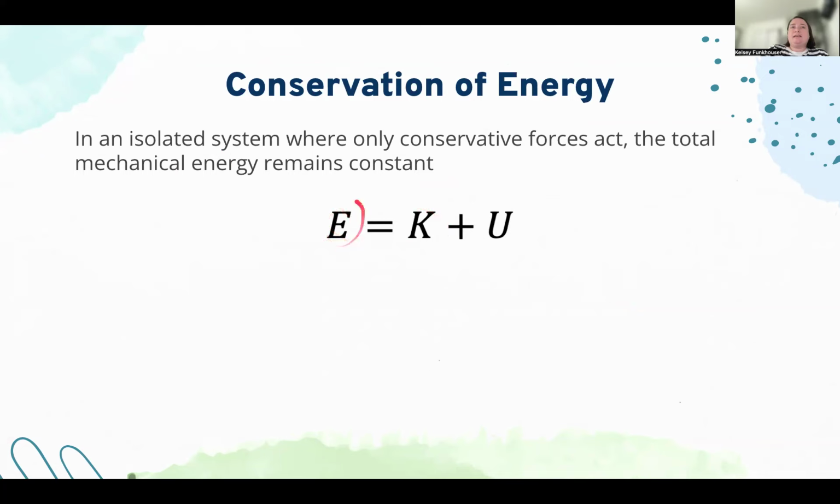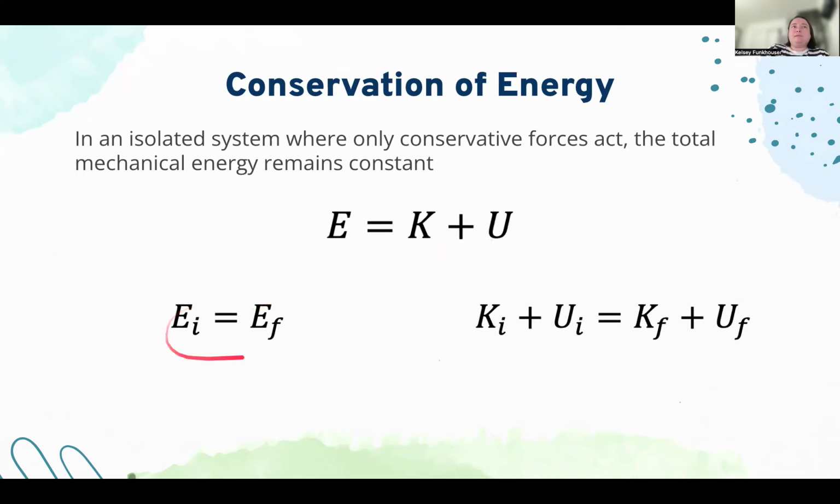Mechanical energy is given by this capital E, and it's just the kinetic plus the potential. And if it's constant, it means that the initial mechanical energy is equal to the final mechanical energy, or the main thing we've used is that the initial kinetic plus initial potential equals the final kinetic plus final potential.